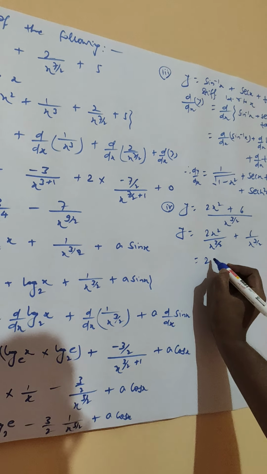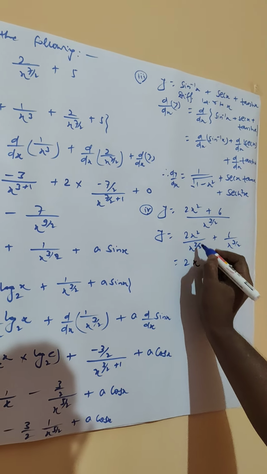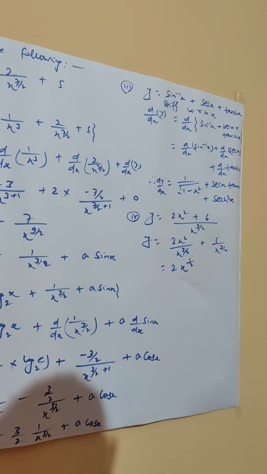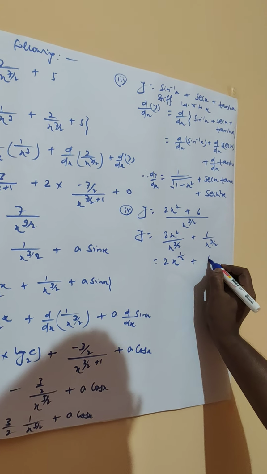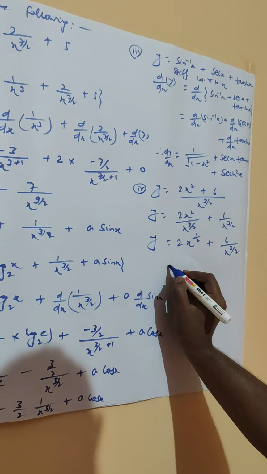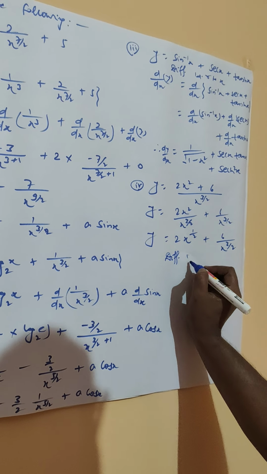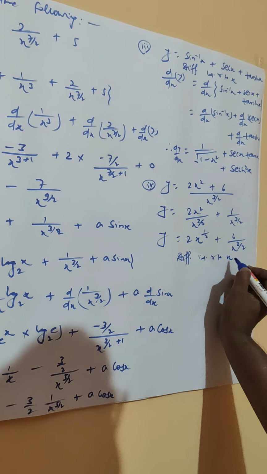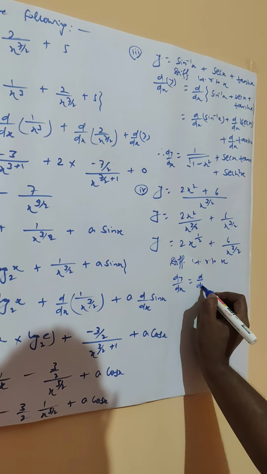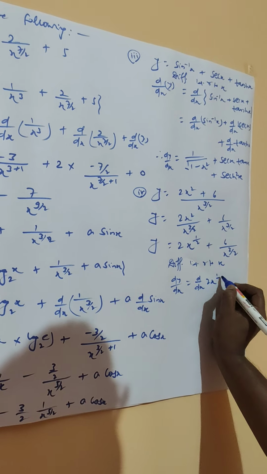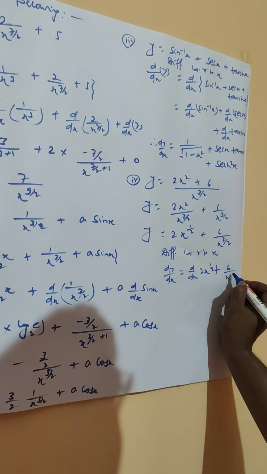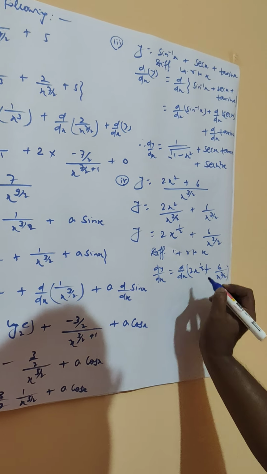We can simplify x raised to 4 minus 3 by 2, giving 2 x raised to 1 by 2 plus 6 by x raised to 3 by 2. Now differentiating with respect to x, dy by dx, d by dx of 2x raised to half plus 6 by x raised to 3 by 2.